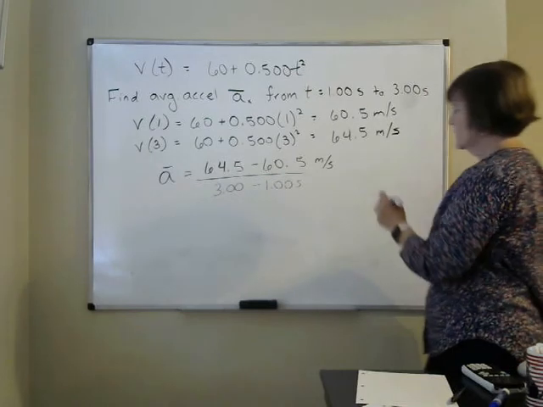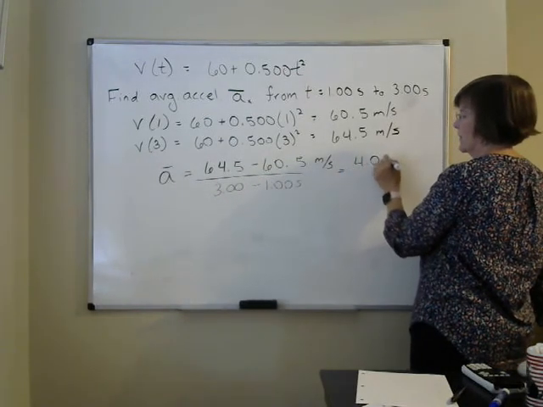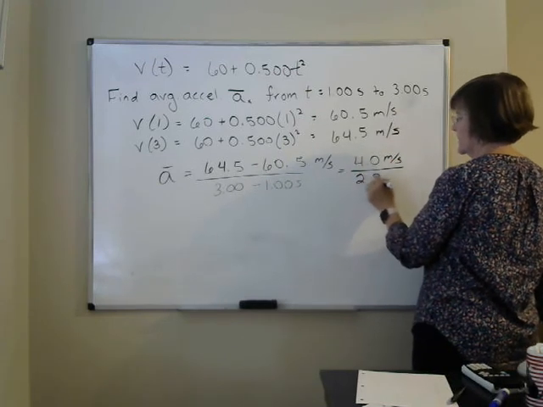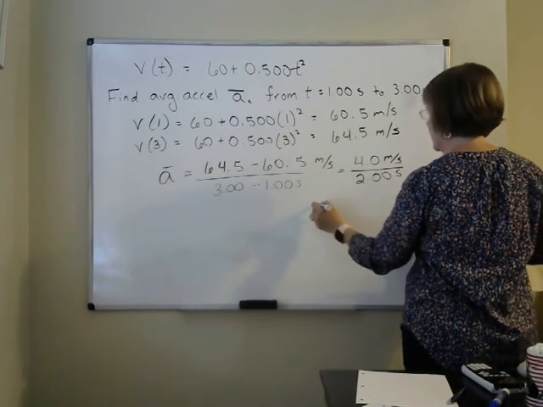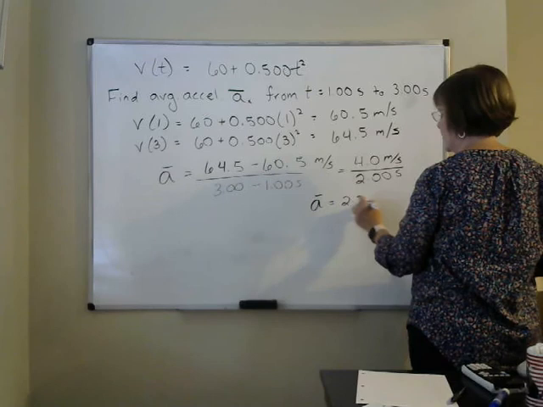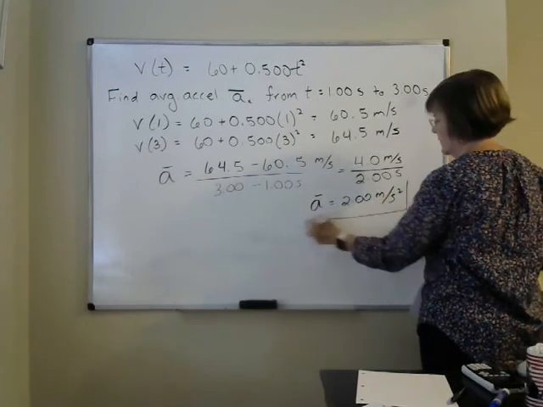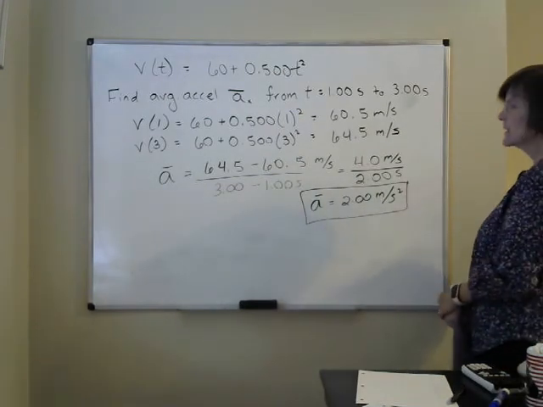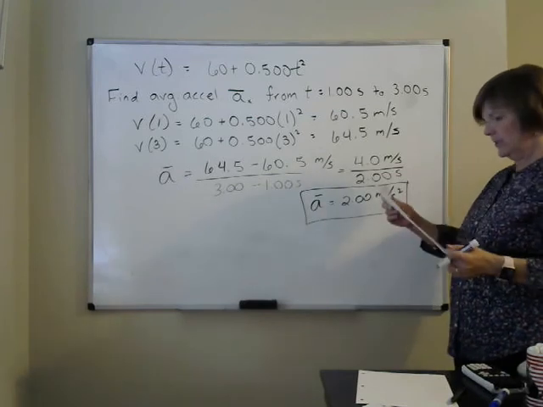And it comes out to be 4.0 meters per second divided by 2.00 seconds. I'm going to end up getting that the average acceleration is 2 meters per second squared. Change in velocity divided by change in time, and that time interval in this case was 2 seconds.